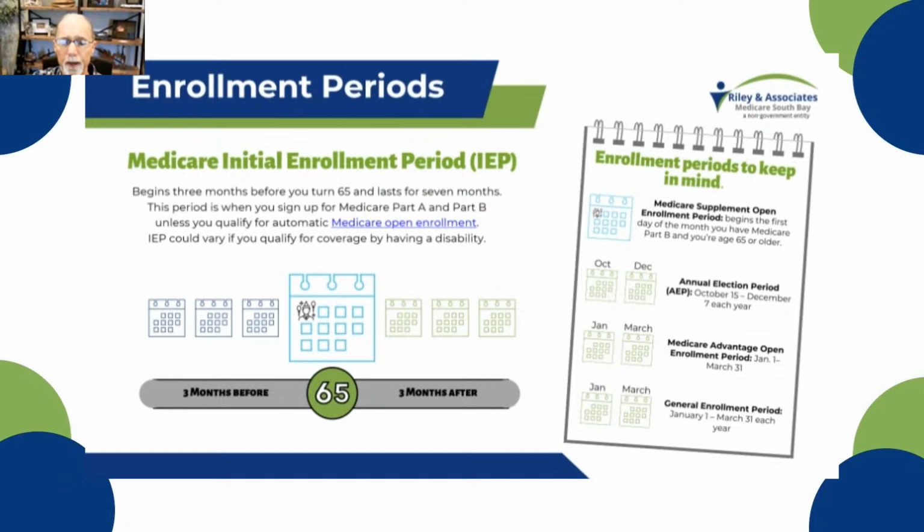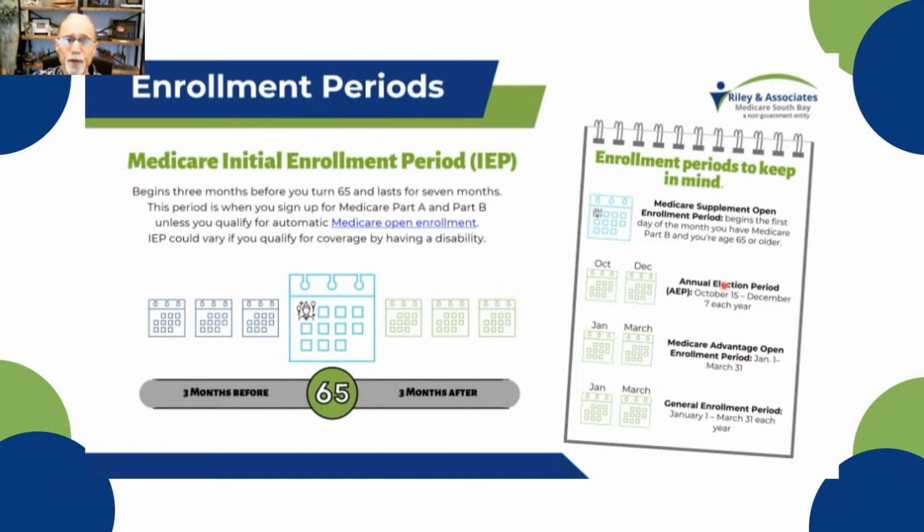So the other two enrollment periods, which I'll just explain, is the open enrollment period. And that's for somebody that's already on Medicare and has a Medicare Advantage plan, the HMO version of Medicare. And that's just a time where in the first 3 months of the year, you can actually change between plans.